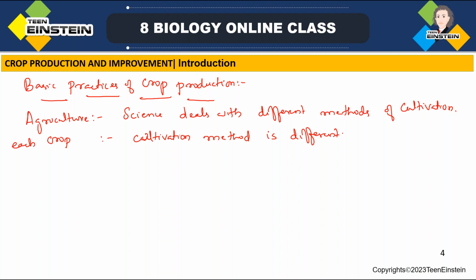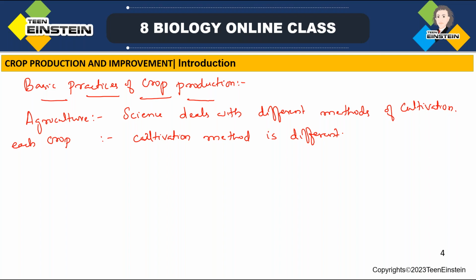Each and every crop has a different life cycle, a different harvesting stage, a different maturation stage, or a different irrigation method. So whatever it may be, agriculture science or agriculture practices deal with different methods of cultivation.